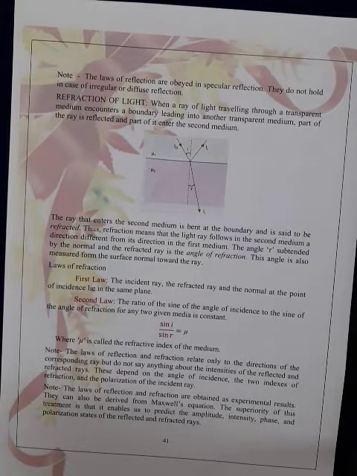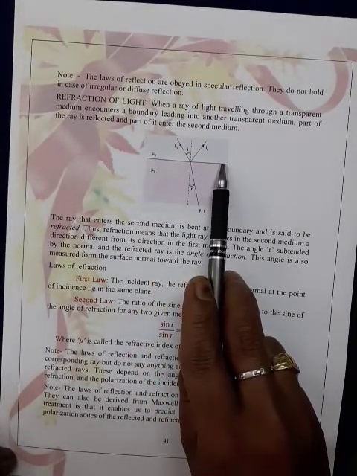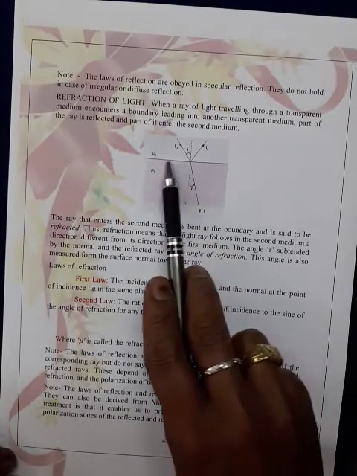So what are the laws of refraction here? The first law: the incident ray, the refracted ray and the normal at the point of incidence lie in the same plane. The angle i, angle r and the normal are all measured with respect to this plane only.